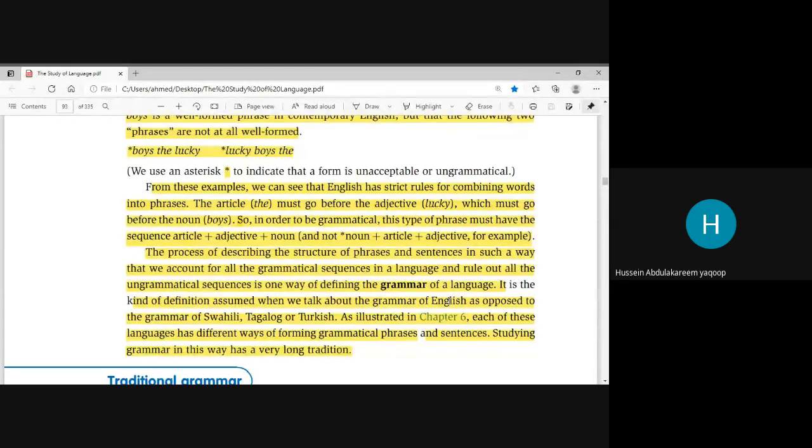So now, as you can see, the noun, then the verb, then the object: SVO, subject, verb, object. This is specific to English. But in other languages like Swahili, Tagalog, or Turkish, we definitely have a different structure. لكن في كل حال من الأحوال, what we have is rules that govern. لازم أكو عندنا بعض القواعد التي تضع هذه الجملة في هذا التنسيق.